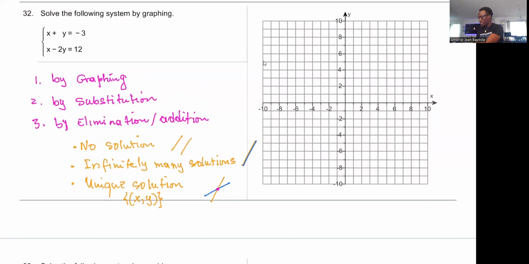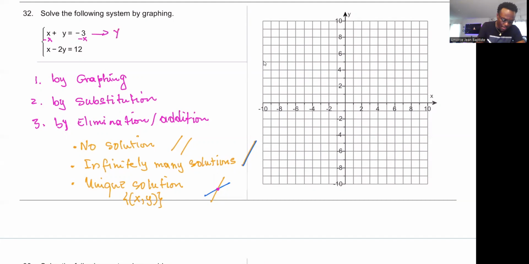Now let's go ahead and see what we have over here, since they asked me to solve this by graphing. When you're solving a system of linear equations by graphing, your first move is to find the slope and the y-intercept of each, then sketch your lines, and find out where they intersect. So let me get the slope-intercept form of this. Subtract x on both sides.